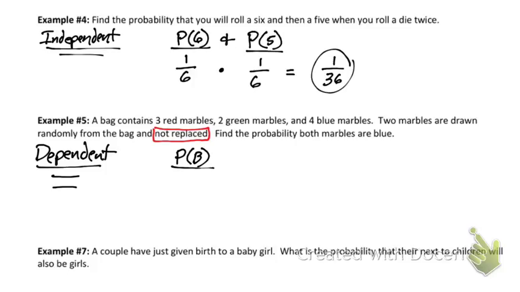Is it 4 over 10? It would be 4 over 9. It happened in every class, every class it was 10.